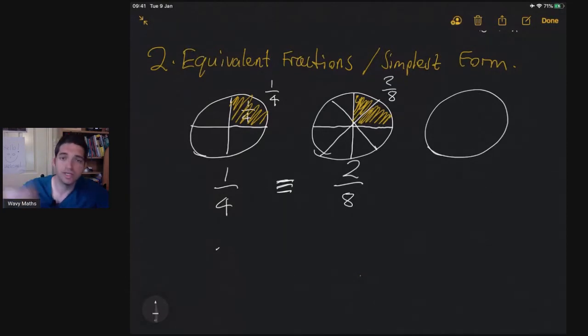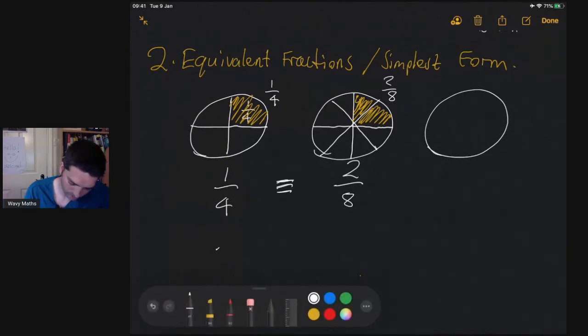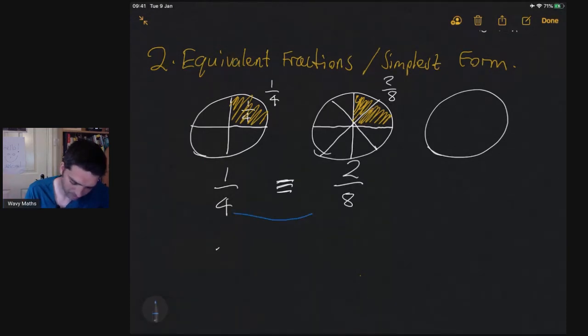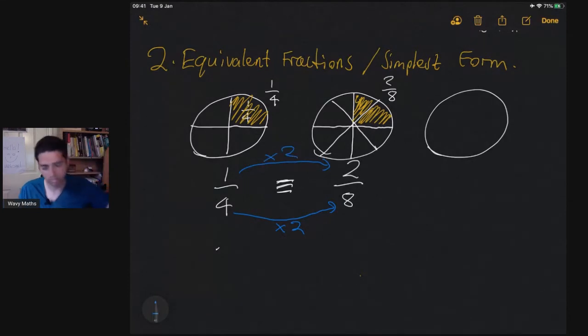So we need to eat twice as many. On the denominator, on the bottom, that has been multiplied by 2. So we have to have twice as many pieces, but we now need to eat twice as many pieces as well, so that we have the same proportion. We've eaten the same proportion.